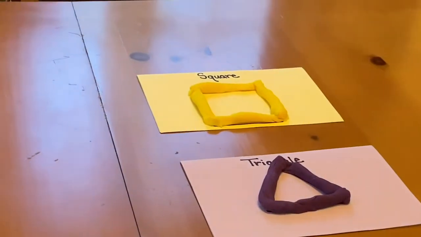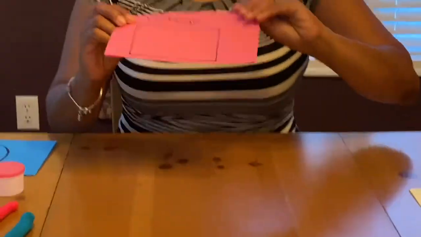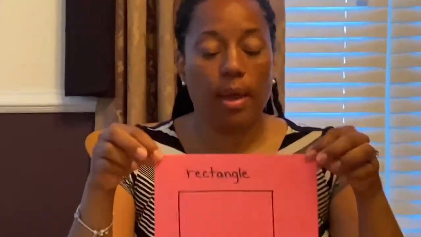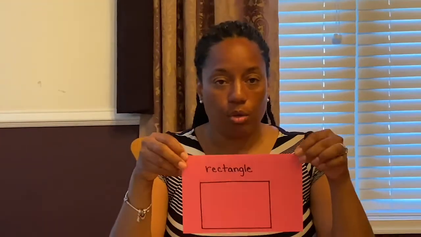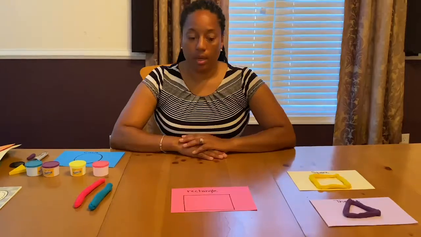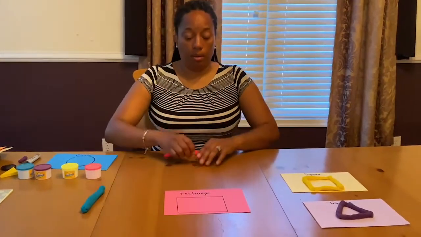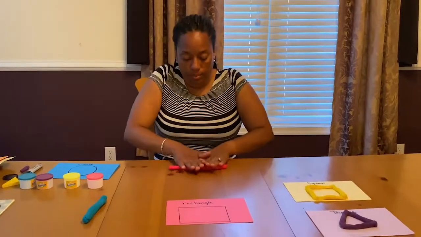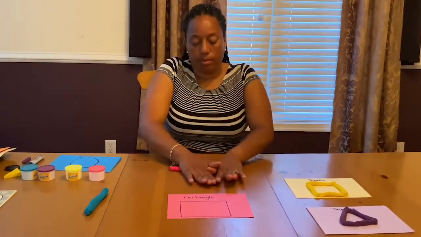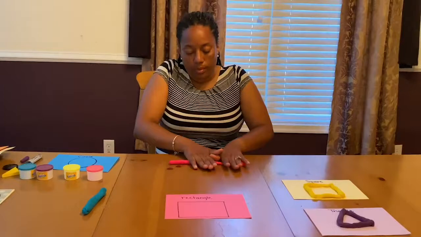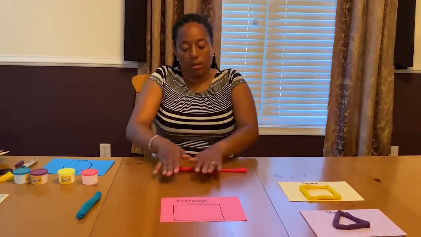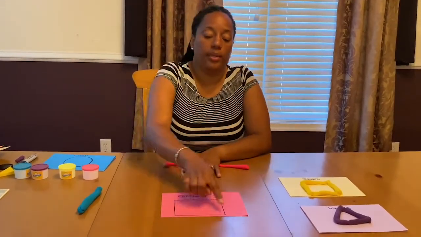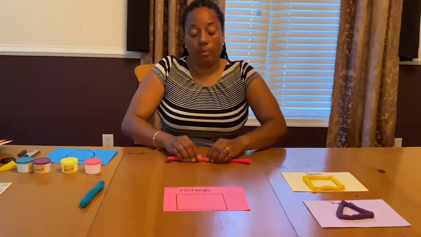I want everybody to go ahead on and grab your rectangle. If you have your card with your rectangle, go ahead on and grab it. Get your Play-Doh out, and you're gonna roll with me, okay? Roll, roll, roll. Now, the rectangle, I noticed it has 4 sides, but it's bigger than my square.